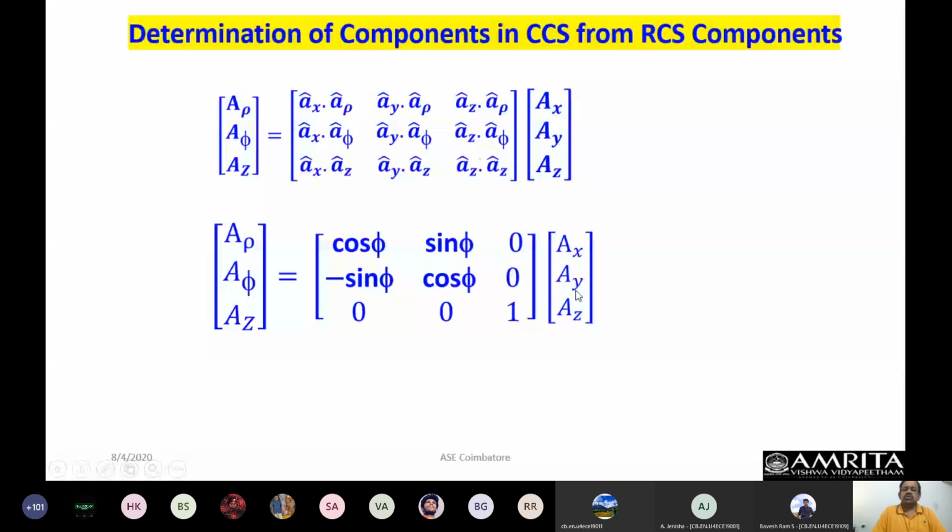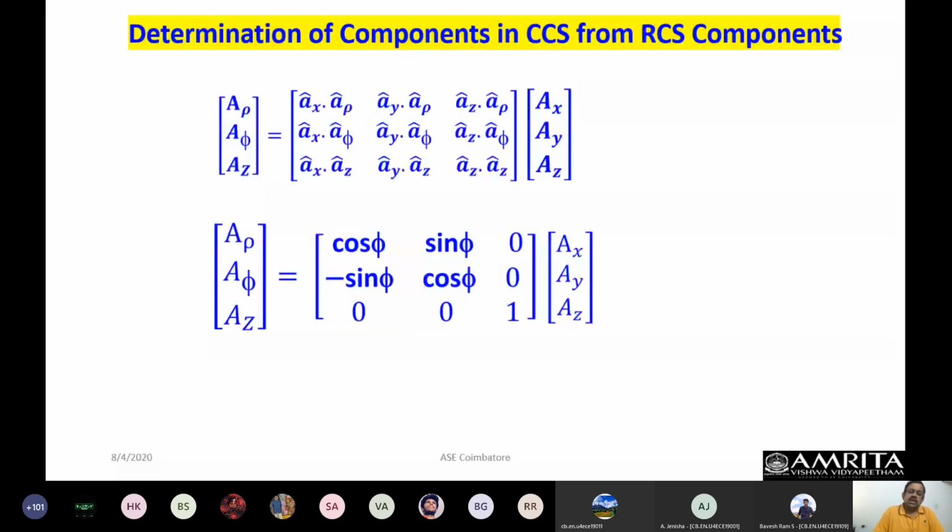So I have to write here 2, 3, 4 and then substitute here, and then I can get, in terms of the angle, a generic expression of the vector in the rho phi z coordinate system. So this is how it is easily done, and the fundamental idea is to get the dot product matrix properly. Once you get the dot product matrix, everything is super simple.